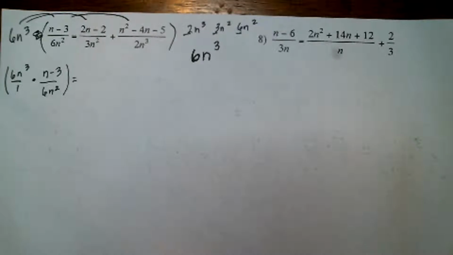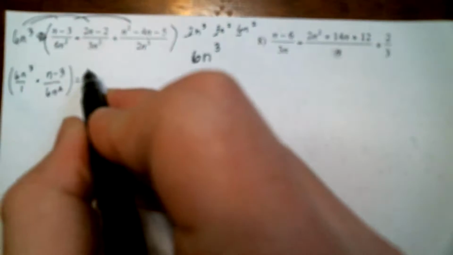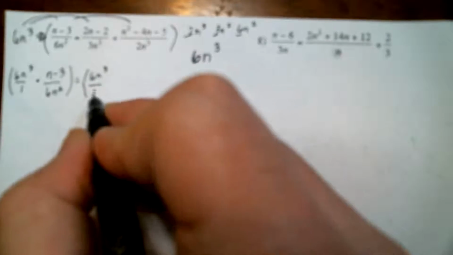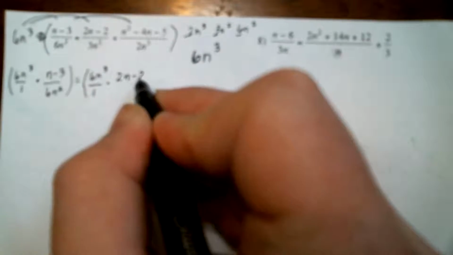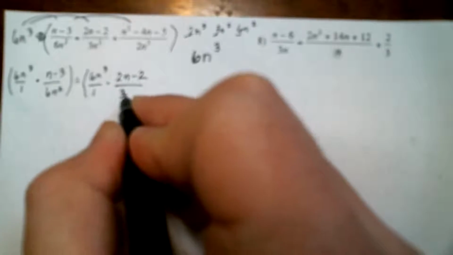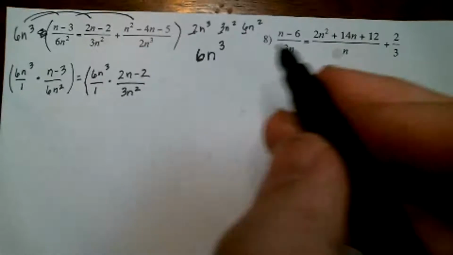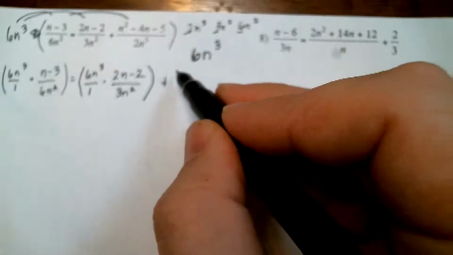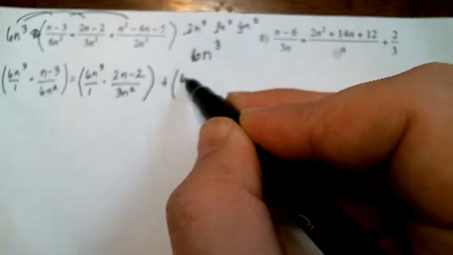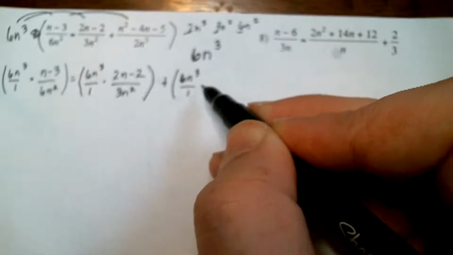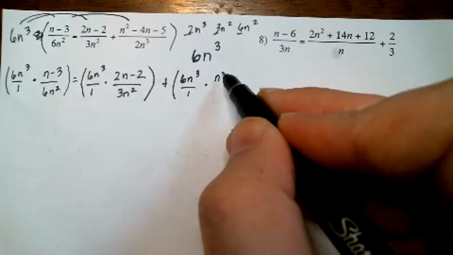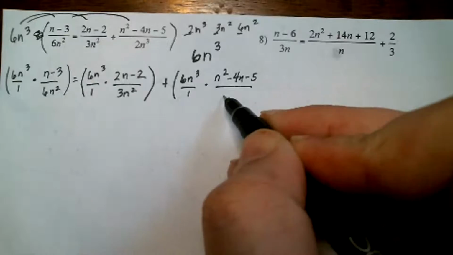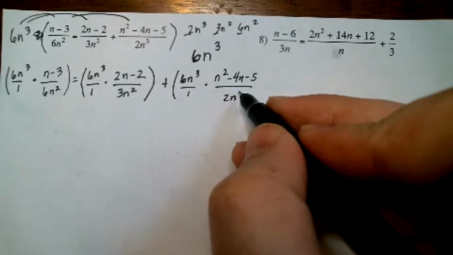That is equal to the quantity of 6n cubed over 1 times 2n minus 2 over 3n squared, plus 6n cubed over 1 times n squared minus 4n minus 5 all over 2n cubed.